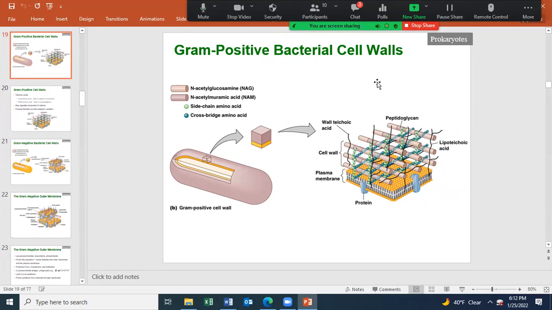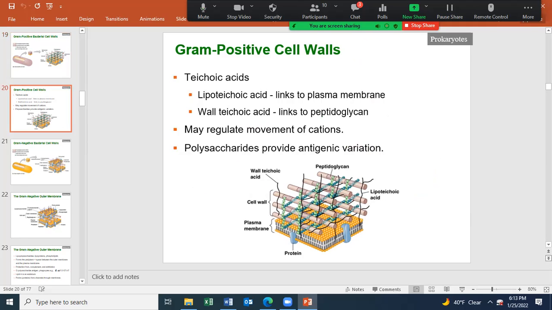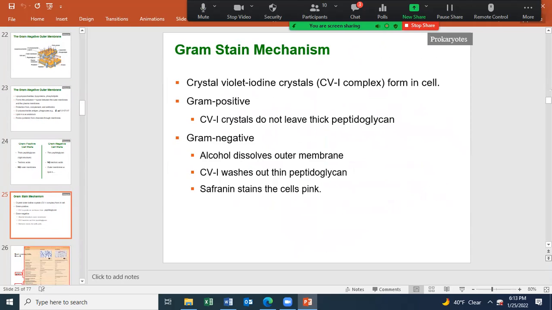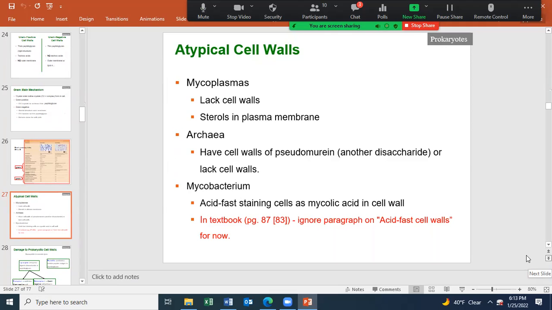For one thing, the mycolic acid can prevent water-soluble substances from coming into the cell or leaving the cell. And it's thought that the mycobacterium cells can live a long time under desiccated conditions because the mycolic acid prevents water from leaving the cell. All right, we'll talk about the mycobacterium a little bit later in the term.